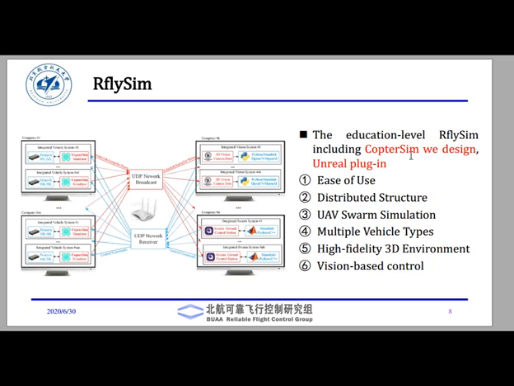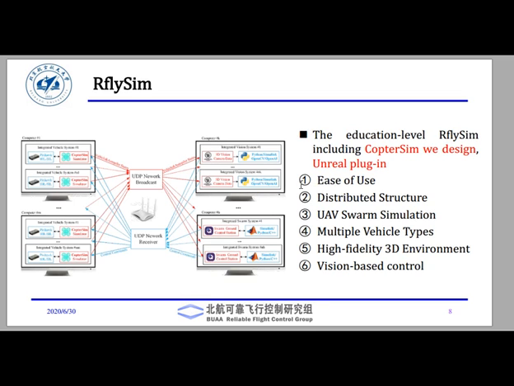The educational level rflysim includes Copter Sim, which is software that will be presented in the next lesson, and a real plugin. What are the features of this educational level rflysim? It is easier to use, with distributed structures.